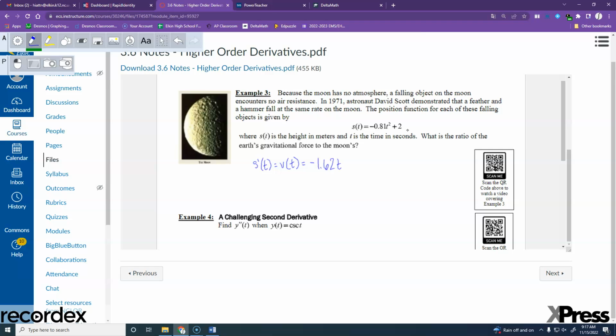And then when we take that derivative of our velocity, v prime of t is going to give us acceleration. We would get just negative 1.62. And this is meters per second squared.